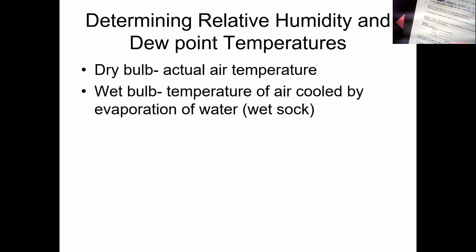If water can't evaporate, think about it. Guys, can water evaporate while it's raining? No. There's no room. The air is all filled up with water, and water cannot evaporate when there's 100% humidity. If that sponge is full, you can't suck any more back up into it. So they could be the same temperature, but the wet bulb will never be warmer than the dry bulb.